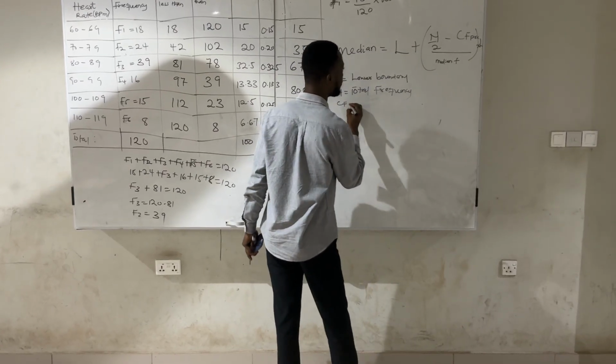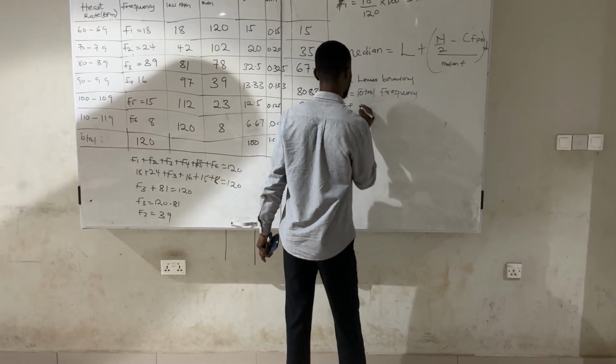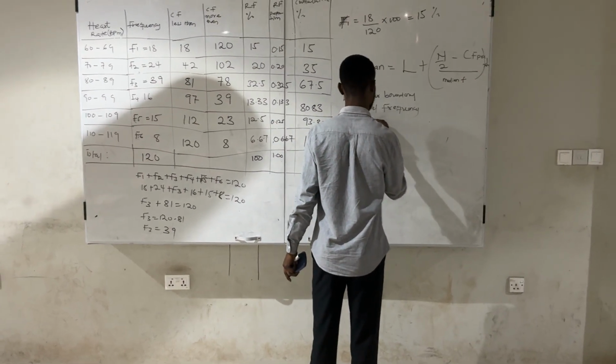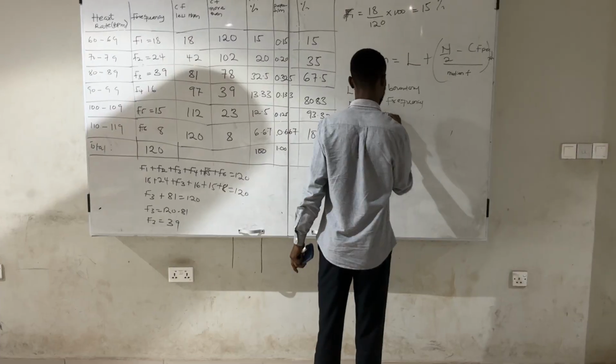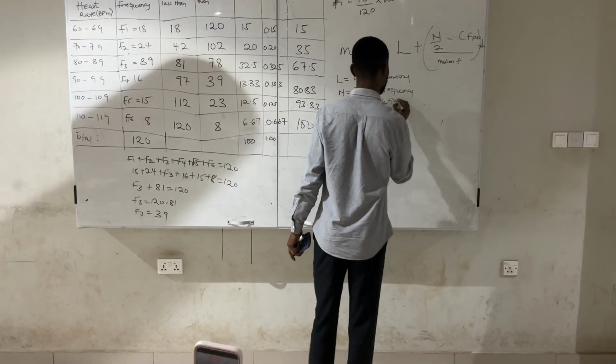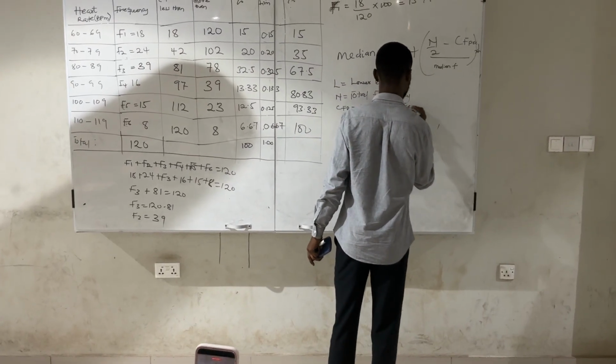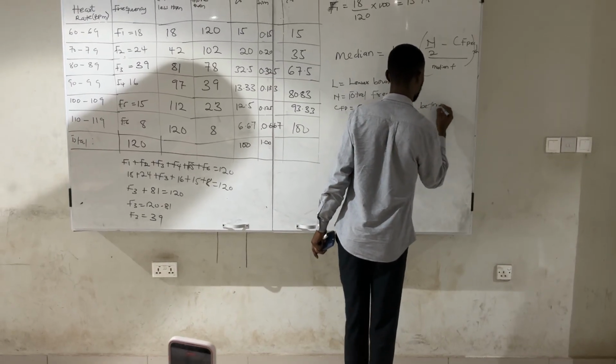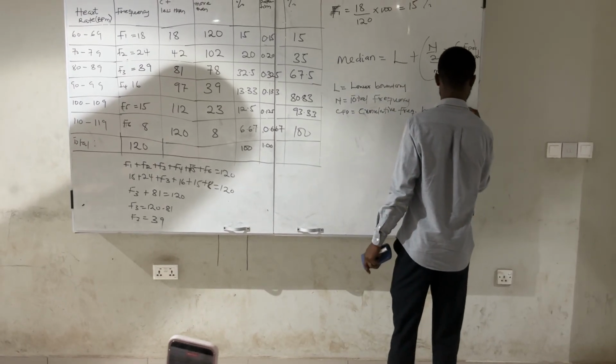CF previous is the cumulative frequency before the median class.